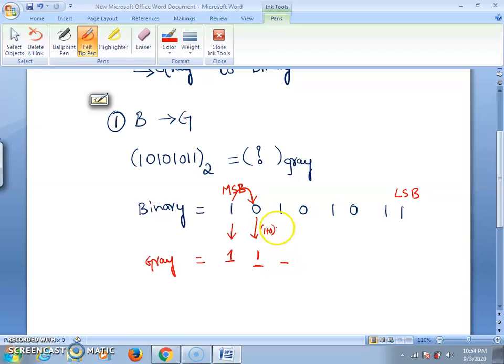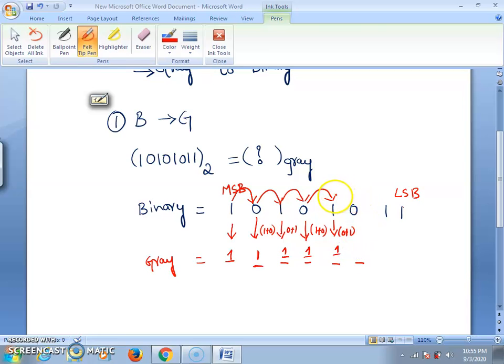Next, for this digit, I add these two bits, 0 plus 1 is equal to 1. Next, 1 plus 0 is equal to 1. Next, these two bits get added, 0 plus 1 is equal to 1.